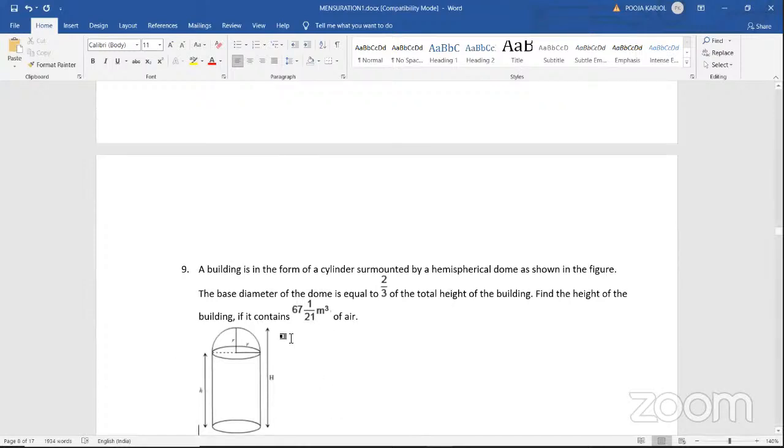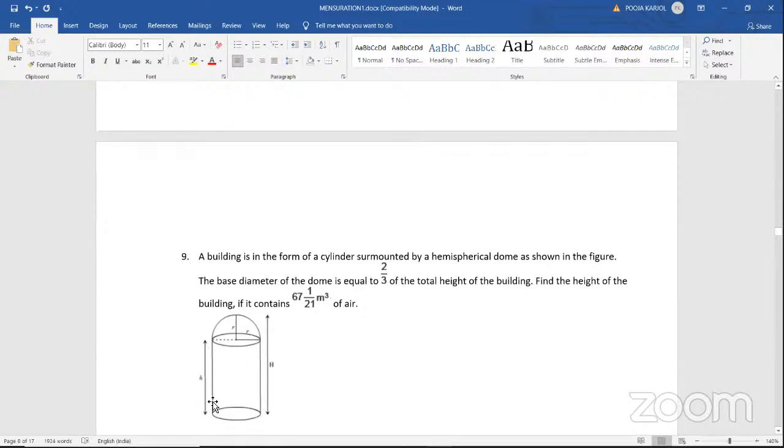So they're saying the base diameter of the dome is equal to 2/3 of the total height of the building, and they've given the total height of the building as h. So what will be the height of the cylinder? Small h, but how will you write it?